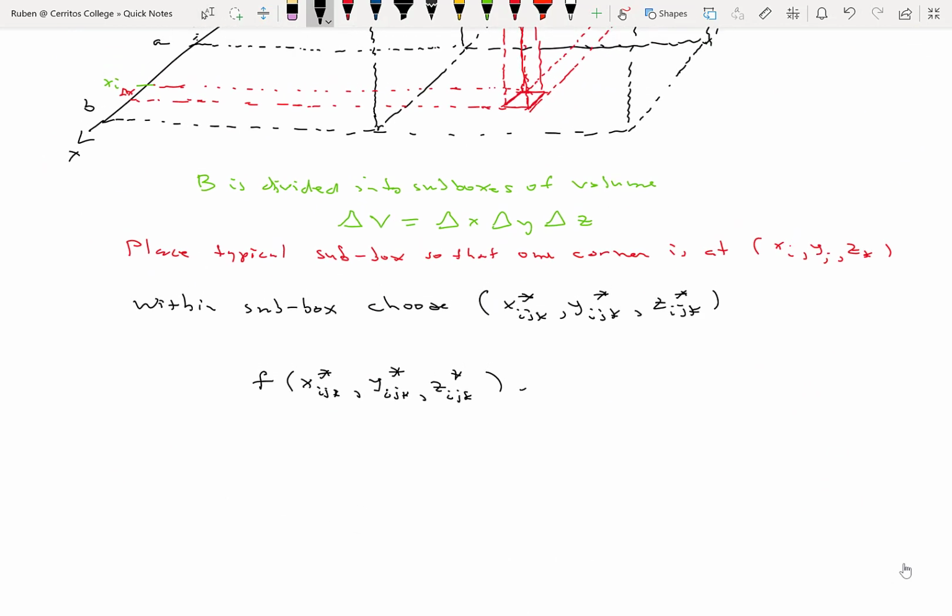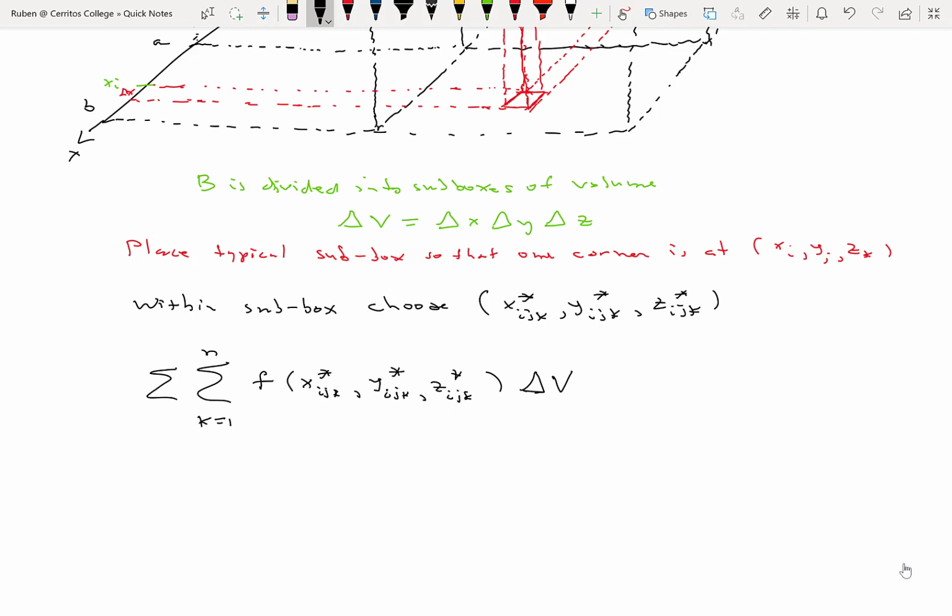I'm going to multiply that by the volume of the box. I'm going to start adding up these quantities as I go through all of the sub-boxes within the big box B. I'm going to sum in the z direction as k varies from 1 to n, the number of subintervals along the z-axis.